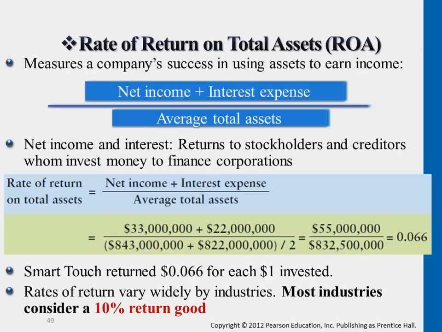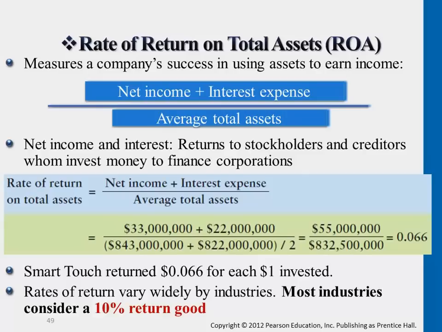And we compare this against the total return that we got. The return, again, we pull from the income statement. There's $33 million of net income and $22 million of interest that you gave to creditors, either short-term notes payable creditors, long-term notes payable, or bondholders.